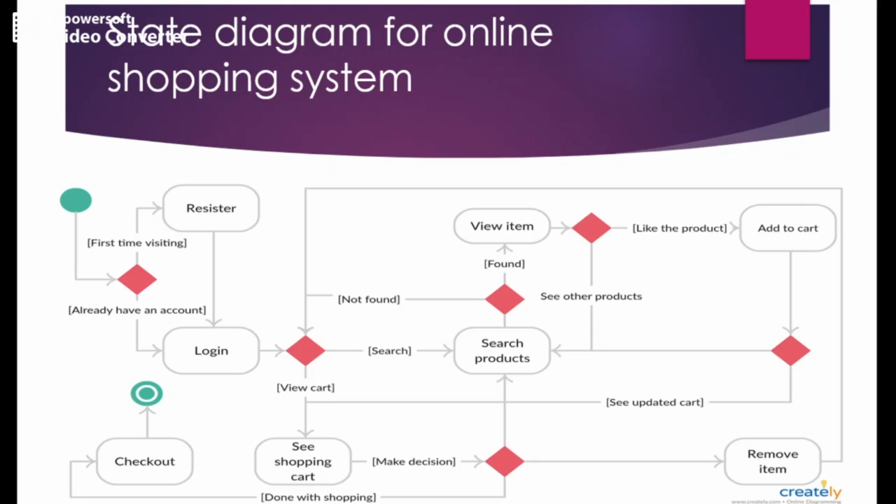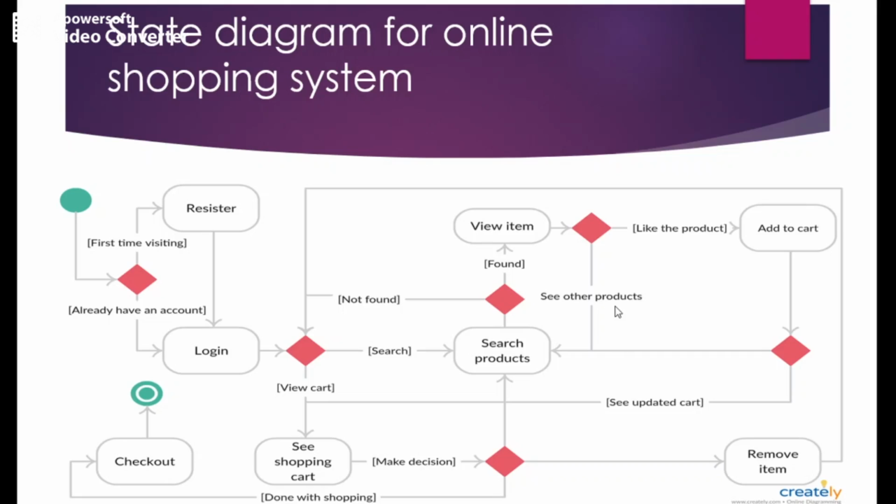So you have to decide whether you like the product or not so that you can go for ordering it. So here, if you like the product, you'll move to the add to cart state. So that item needs to be added to the cart. Now suppose you don't like the product, then you will go for seeing other products.